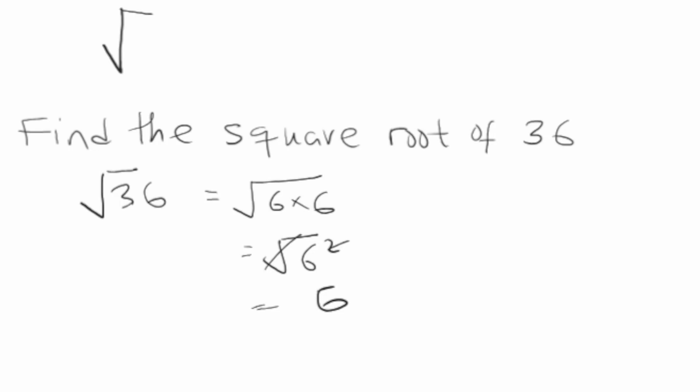So square root of 36 is equal to 6, and 36 is a perfect square because it expresses the product of two equal factors. So that is it about square roots.